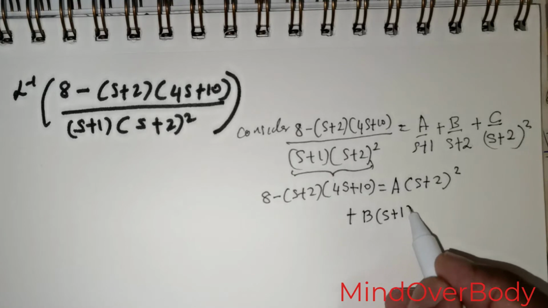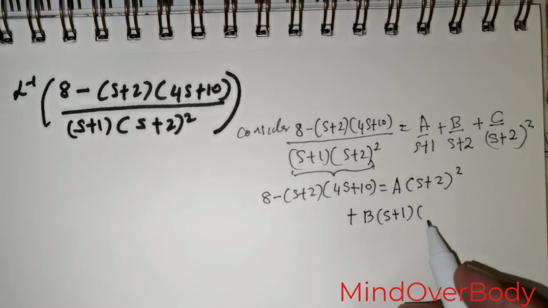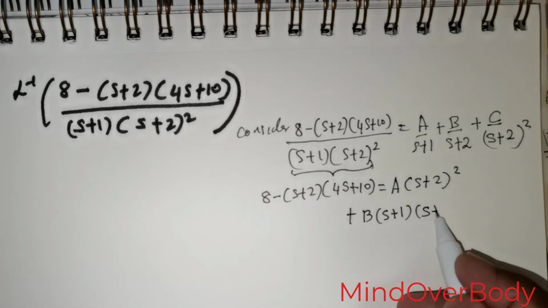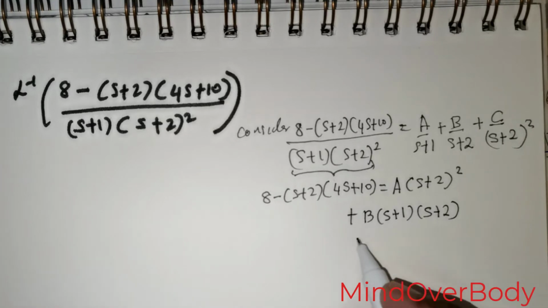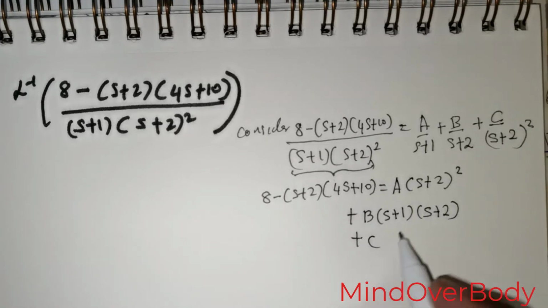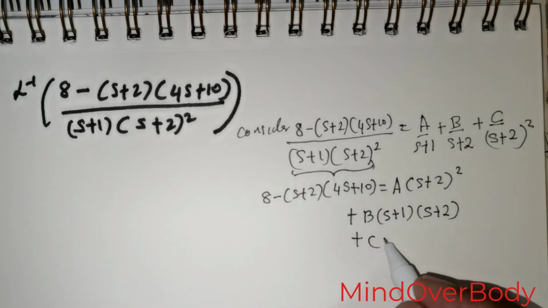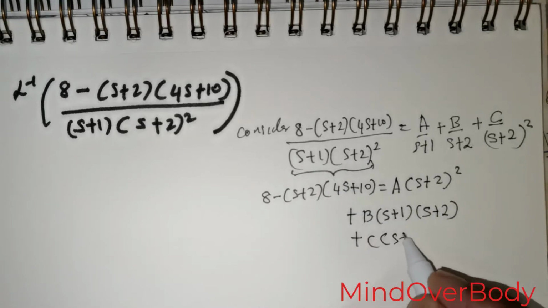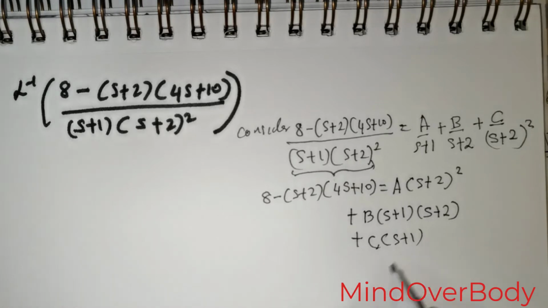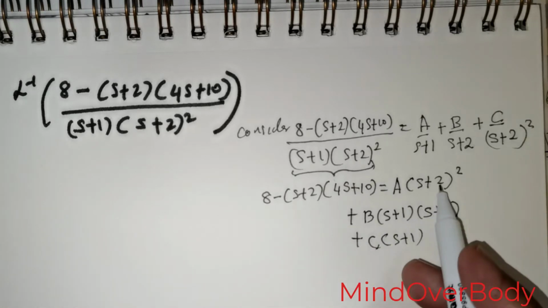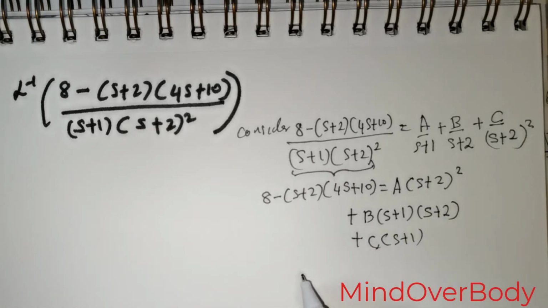I will have one s positive 1, in fact I will just have a s positive 1 followed by an s positive 2, and then that will be followed by C times s positive 2 whole square will be absorbed, giving me C times of s positive 1. So this is what I've got. Now I have to find the values of A, B and C. So the best way is just take the value for s to be, say, negative 2.